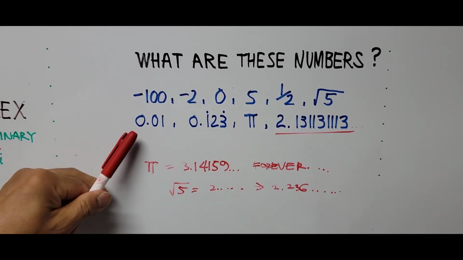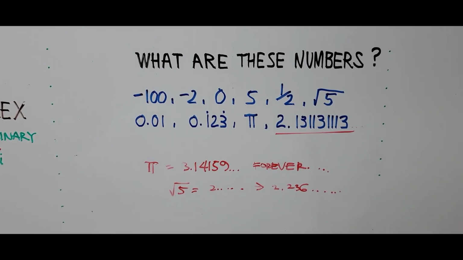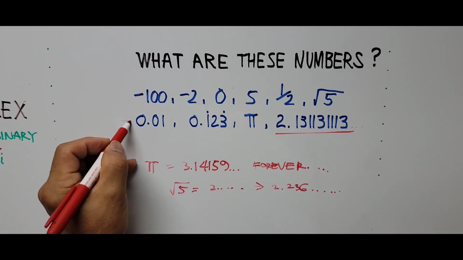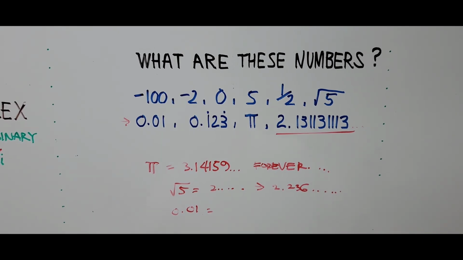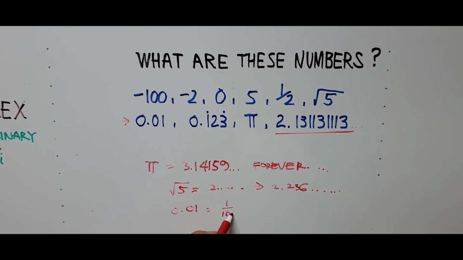How about this one right here, 0.01? Well, that is a rational number again. Why is it classified as a rational number? It is because any decimal expression of numbers, let's say this 0.01, can be represented as a ratio. 0.01 is represented as 1 over 100.